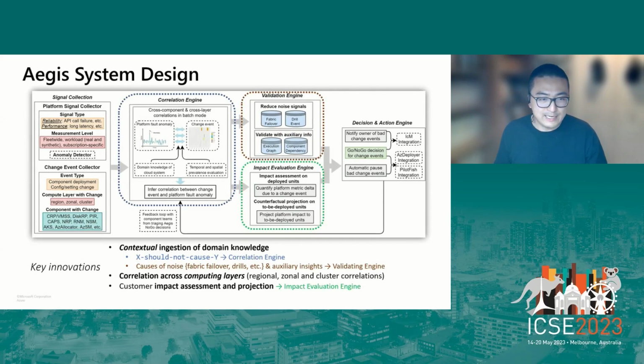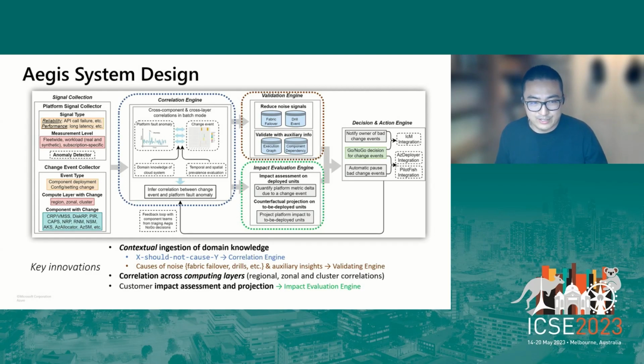So by tackling those technical challenges, we developed Aegis into an end-to-end analytical service for attributing control plane change impact for Azure. Here's an overview of the system design. Aegis has 5 subsystems, starting with signal collection of fault and change signals from various components. It then invokes the correlation engine to conduct many-to-many system-wide correlation.